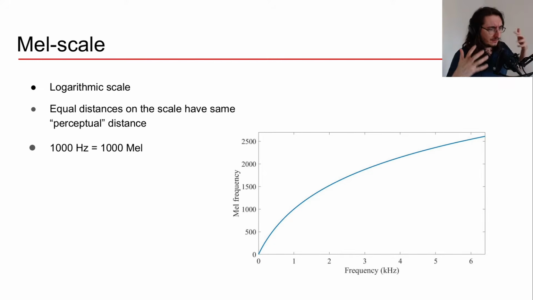Okay. Now, one thing that researchers did with the Mel scale is that they standardized it so that at 1000 hertz we have 1000 mels. Now, you may be wondering, how did we arrive at such a perceptual scale? Well, we arrived at it in an empirical way, doing psychological experiments.